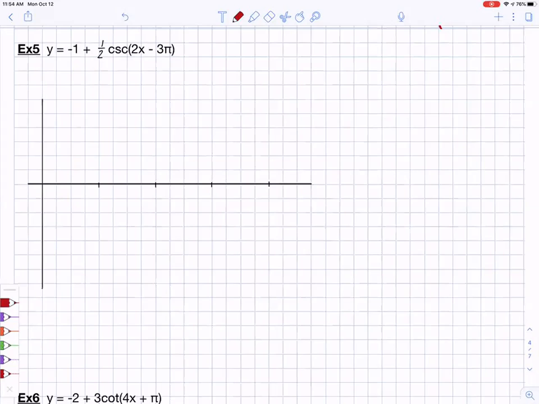If you feel like you finished this example, number 5, you can go ahead and start on number 6. What are your limits?